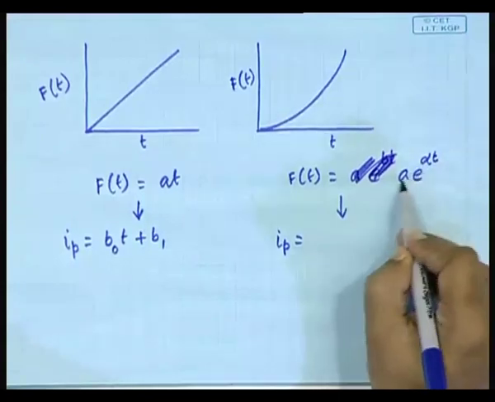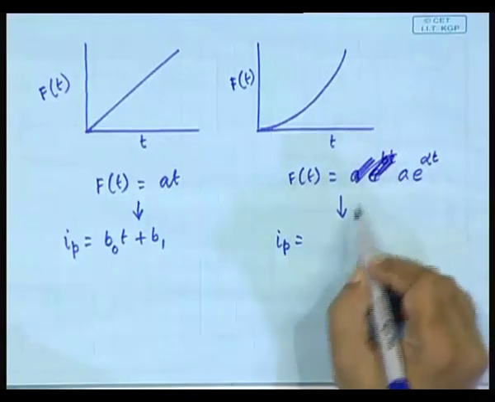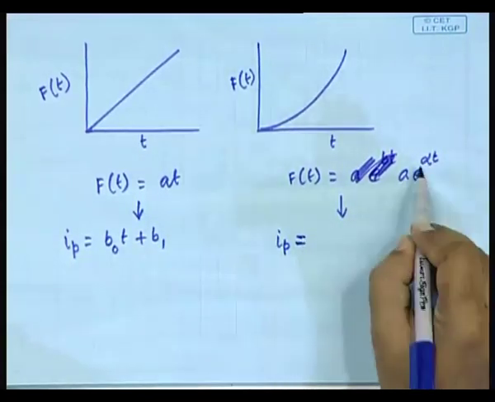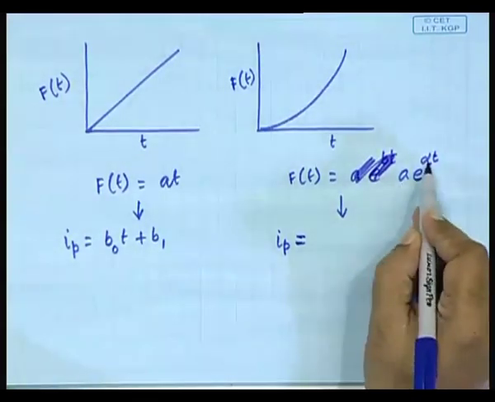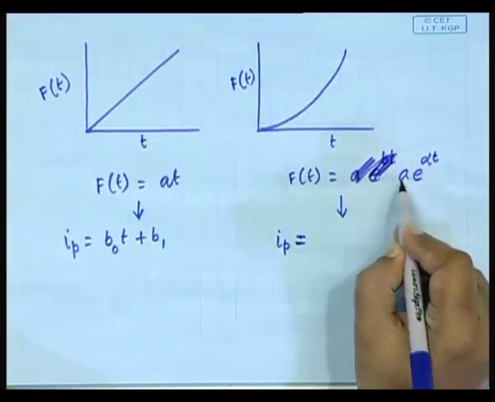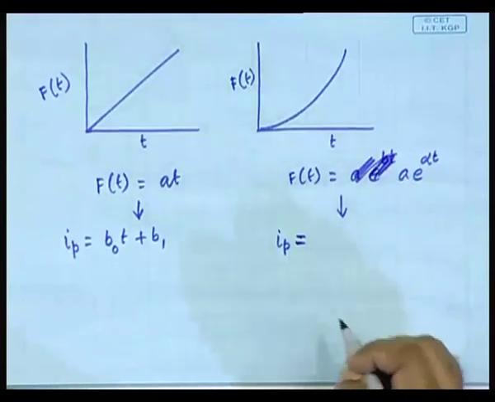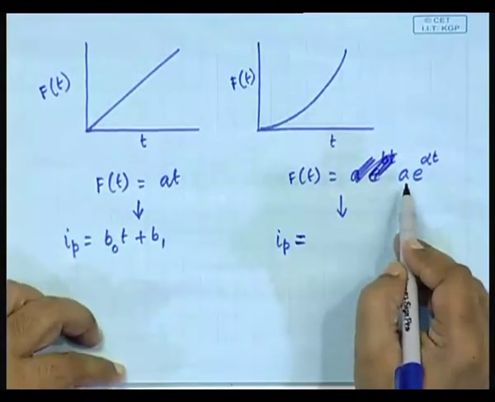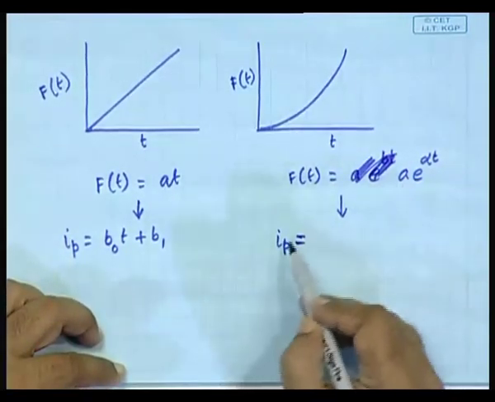Why? Because they have different characters. Alpha is the exponent, that is why I used a Greek letter here, and this is not the exponent, so it is a normal English letter. So, in this case, what will be the character of this?